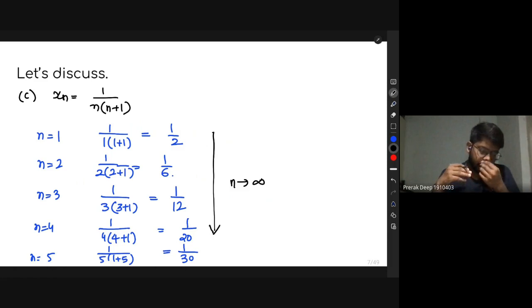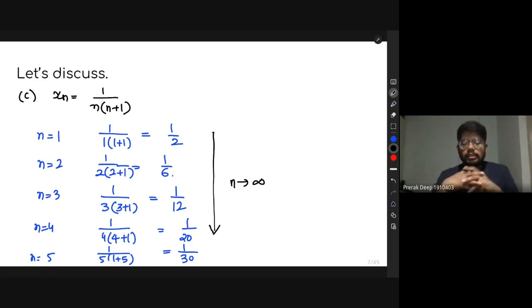So in some sense, if you compute the first 5 or 6 terms of a sequence, you can understand the nature of the sequence, whether it is converging, and if it is converging, where it happens to converge. You can see a pattern out of it. That's one of the benefits of computing the first 5 or 6 terms.